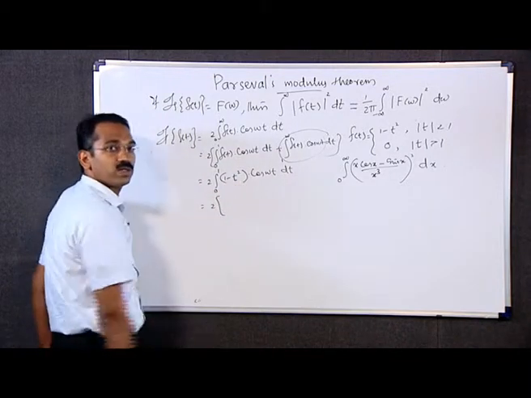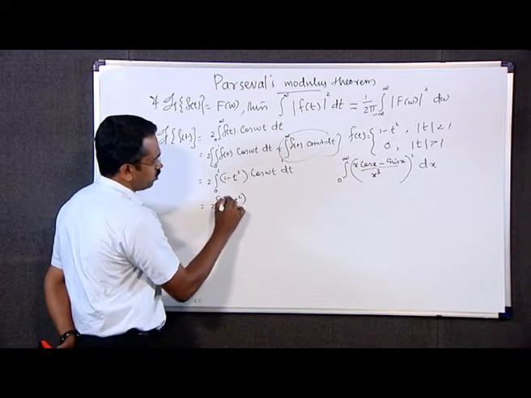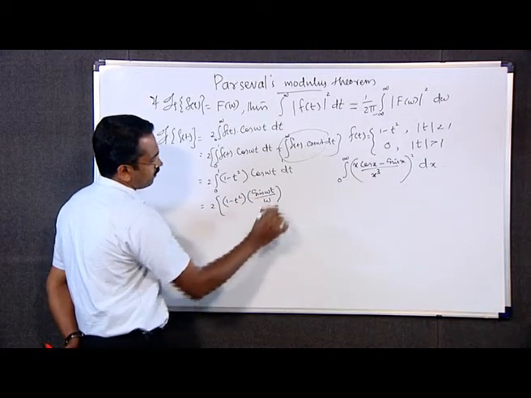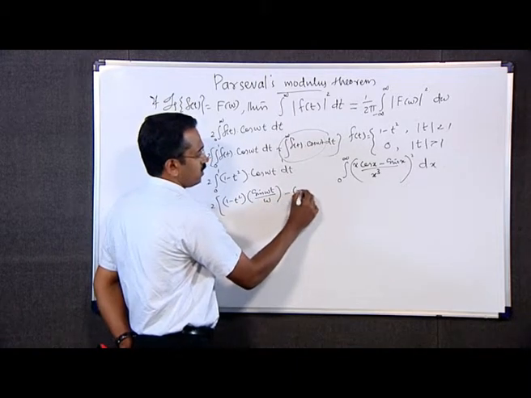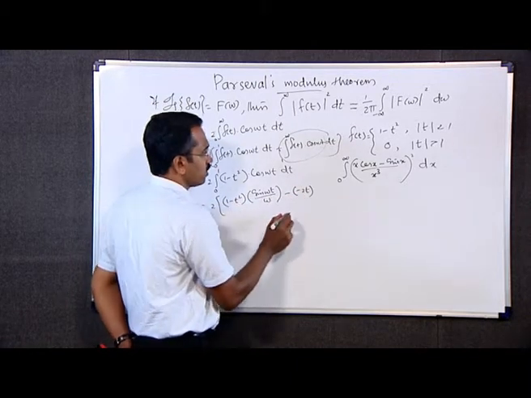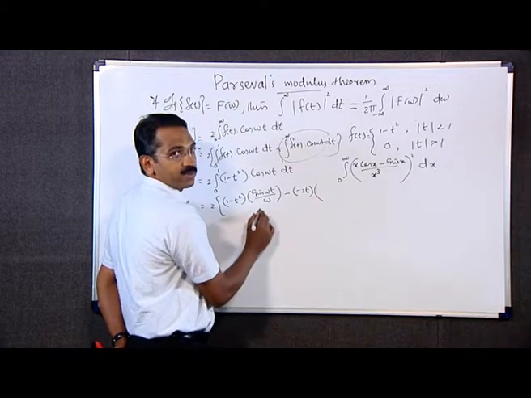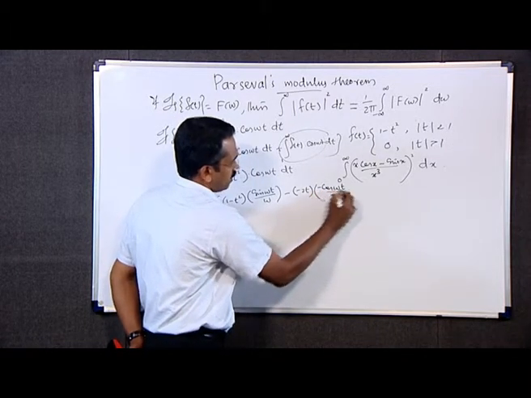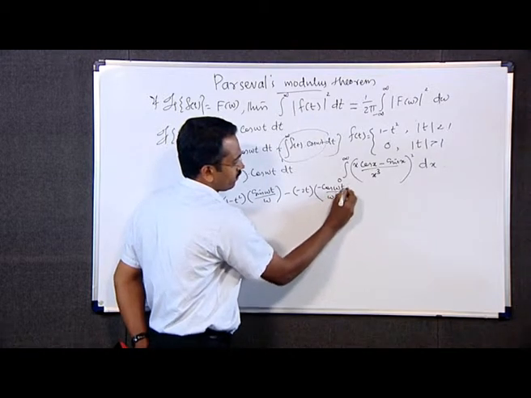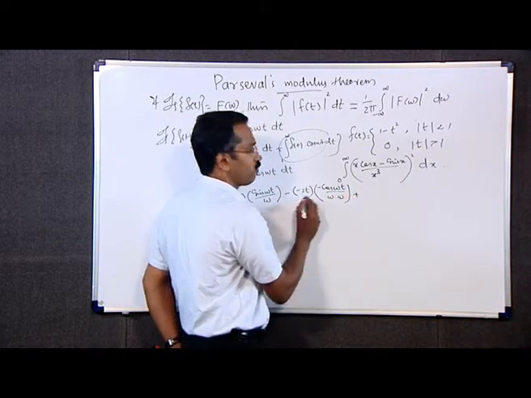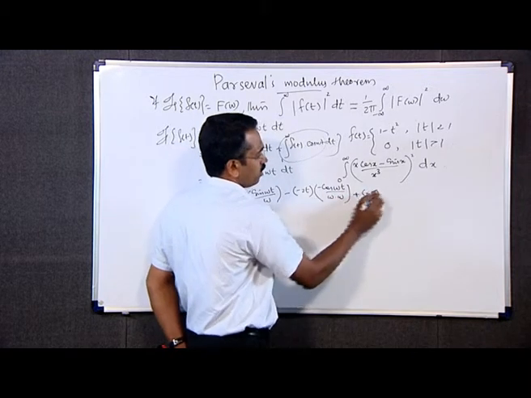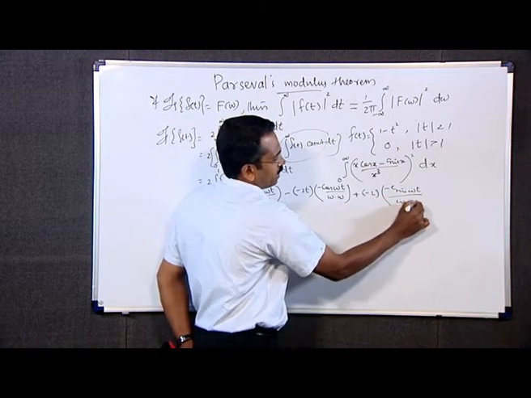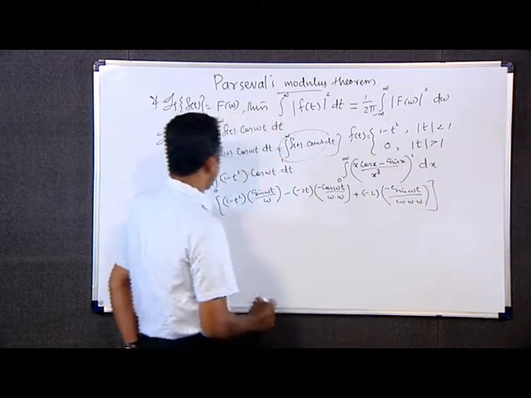That is equal to 2 times, here we can use the integration by parts. First function into integral of the second is sin ωt divided by ω minus, here minus 2t, derivative of 1 minus t square is minus 2t into integral of sin ωt divided by ω is minus cos ωt divided by ω into ω plus derivative of minus 2t is minus 2 into integral of this is minus sin ωt divided by ω into ω into ω between the limits 0 and 1.